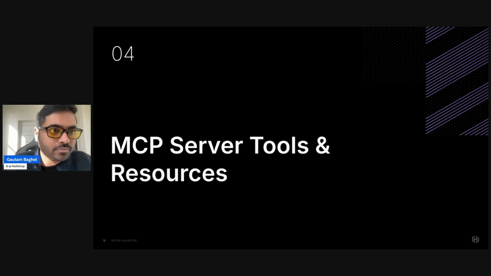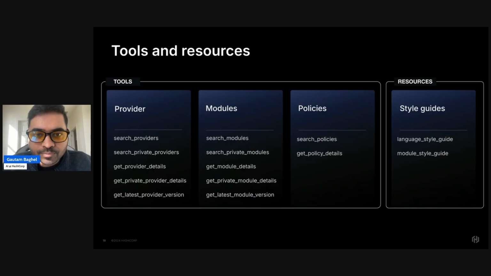Cool. So in terms of capabilities, these are the tools and resources we've exposed as part of the Terraform MCP server. There are a lot of capabilities around writing good Terraform code, attaching policies, style guides, and module style guides.